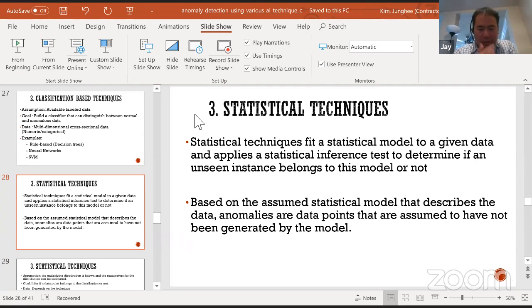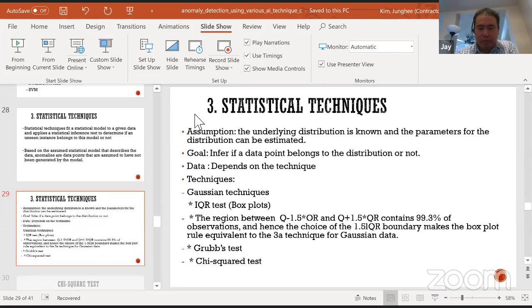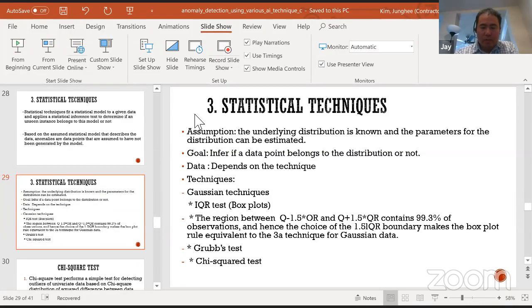Statistical techniques are a little bit of a different topic, but machine learning is a kind of statistics as well, right? Statistically, we can score in different ways. There are many different ways.